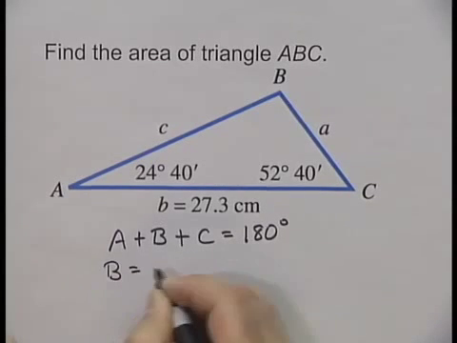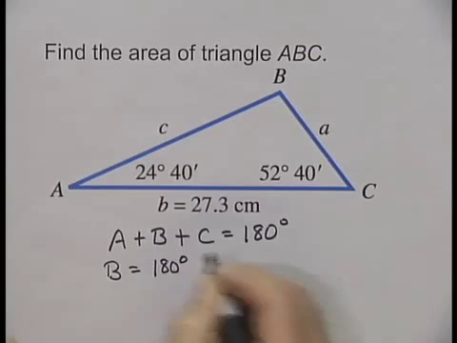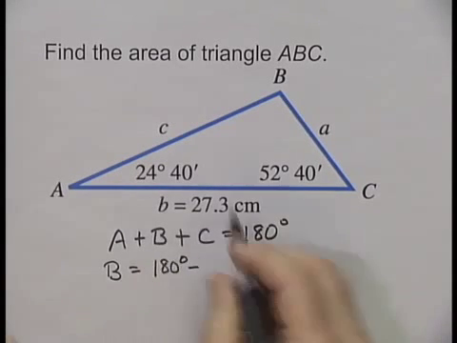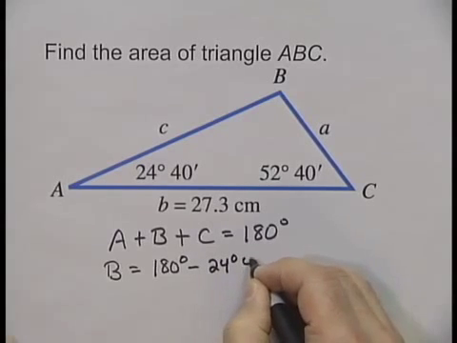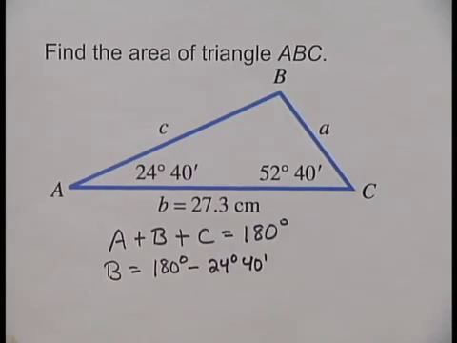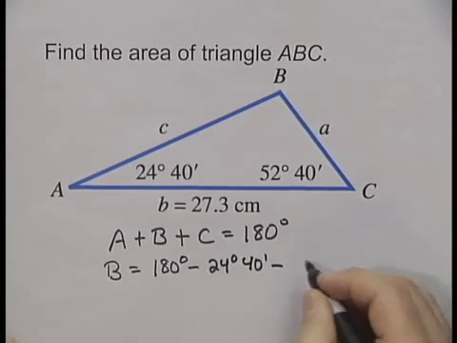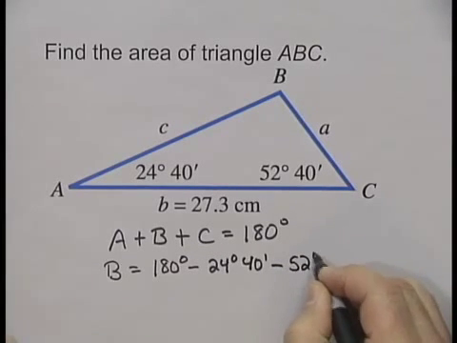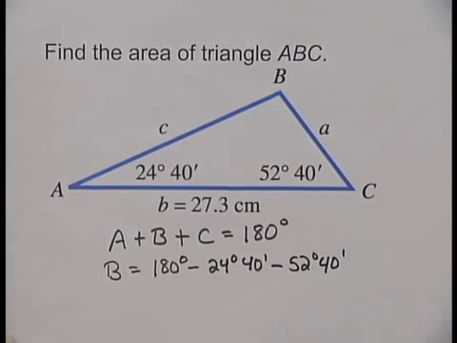That is, B equals 180 degrees minus angle A, 24 degrees 40 minutes, minus angle C, which is 52 degrees 40 minutes.